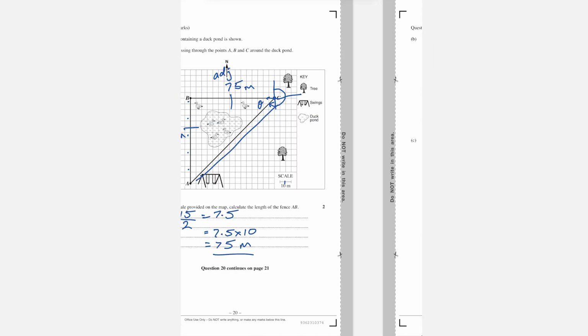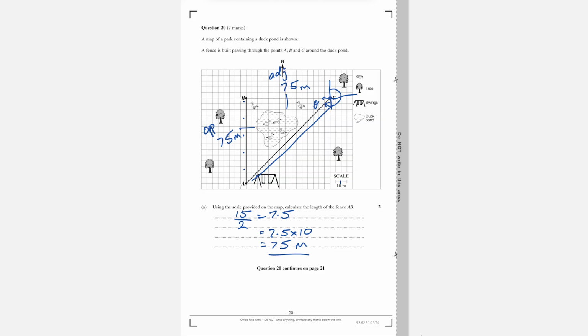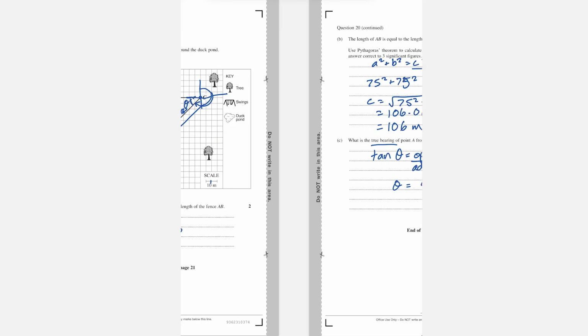We want to find the true bearing. So we know that theta here is 45 degrees, but we need to find all of this whole angle. So we know that if it went all the way up to this line here, this is 270 degrees. So we can just minus the theta from 270 degrees.